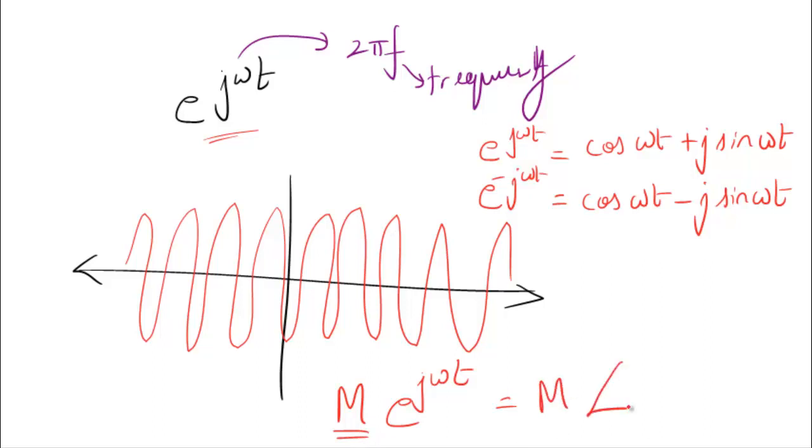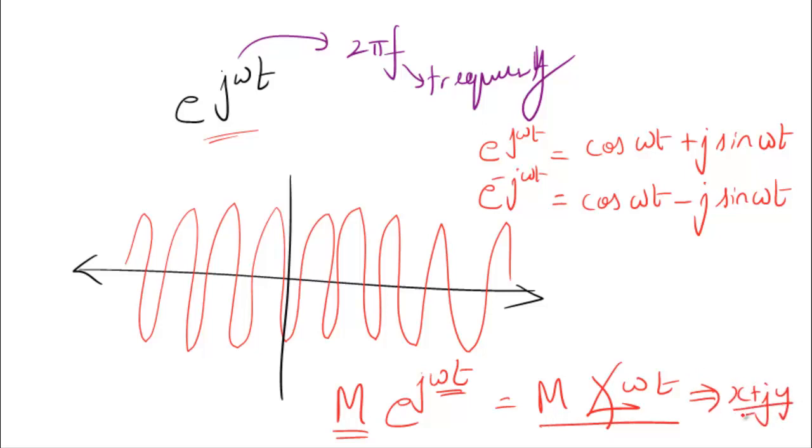So that magnitude, angle omega t, is the value you use in the calculator. You know that this is the polar form, and from the polar form you can get x plus j y, that is the rectangular form. That can all be done in the calculator.